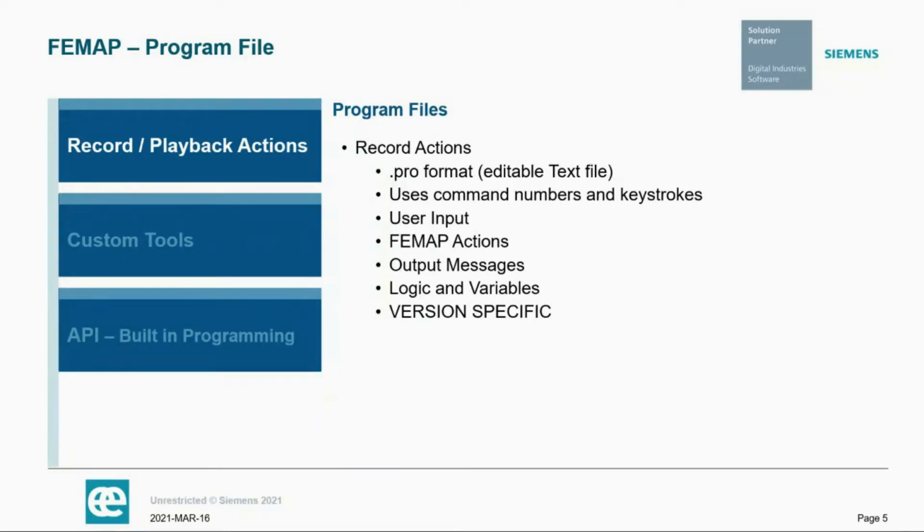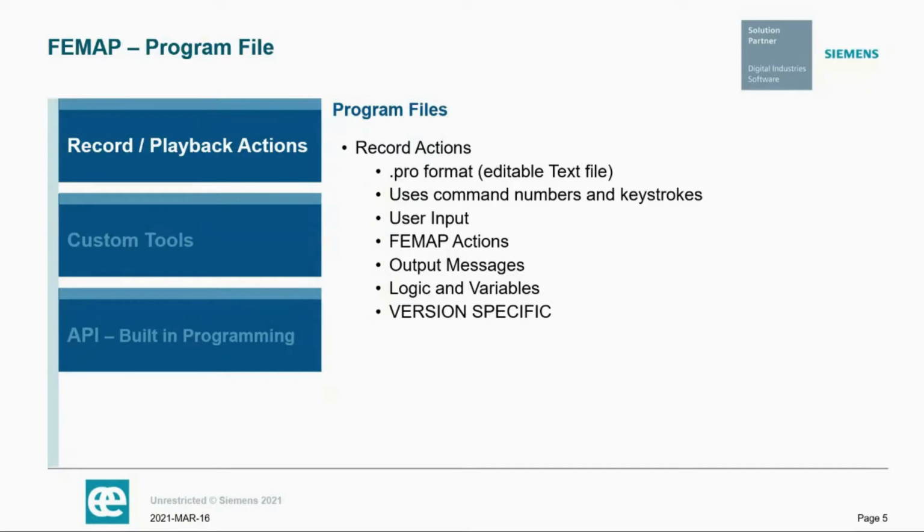It records them into a simple editable text file, and it records it in basically command numbers and keystrokes that you would enter if you were performing these actions on the keyboard. Then you might have other user inputs. You can add FEMAP actions, you can output messages, and you can add a whole heap of logic and variables.